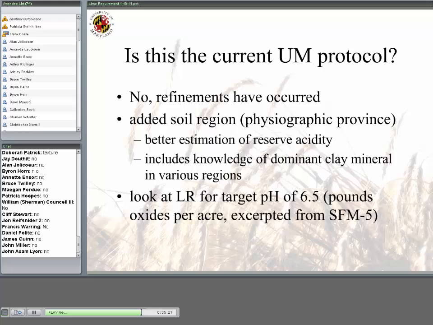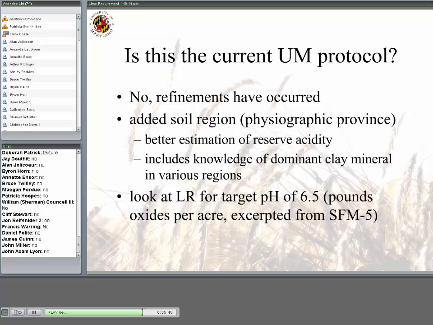And hopefully we all know that 10% clay on the eastern shore isn't 10% clay in Montgomery County or in Garrett County. There's certainly more highly charged clays and more potential reserve acidity in the Piedmont mountain soils. So this modification refined the lime requirement protocol that's used by Maryland.